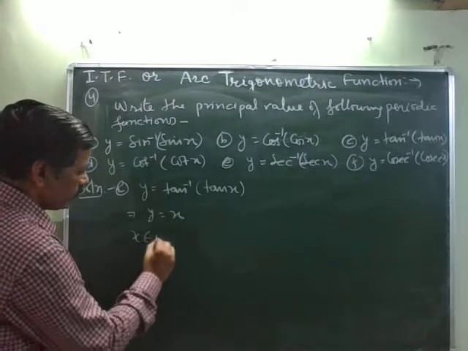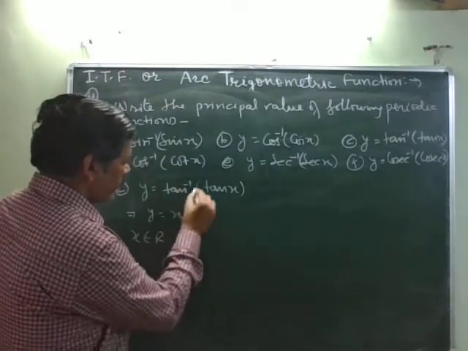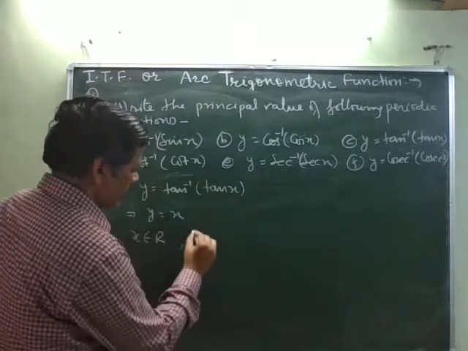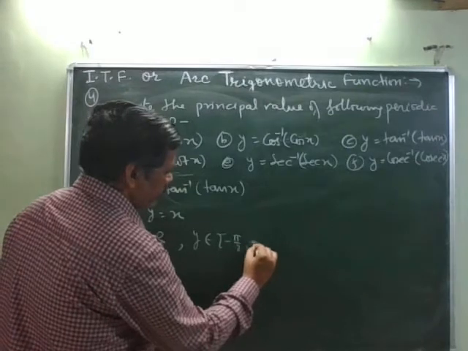Here x belongs to R, the domain belongs to R, and the range, this is the angle, y belongs to minus pi by 2 to plus pi by 2.